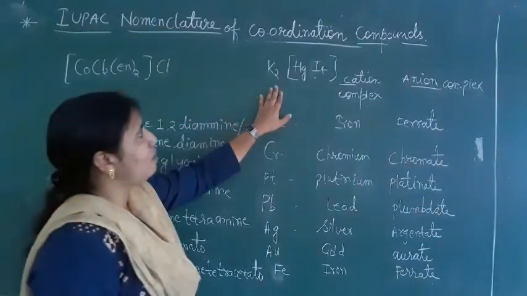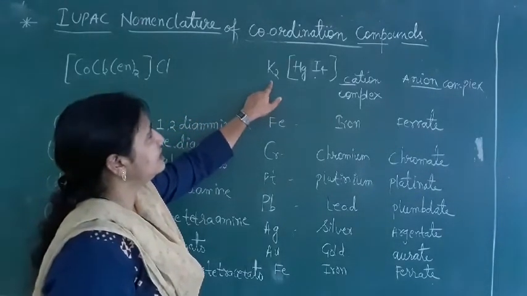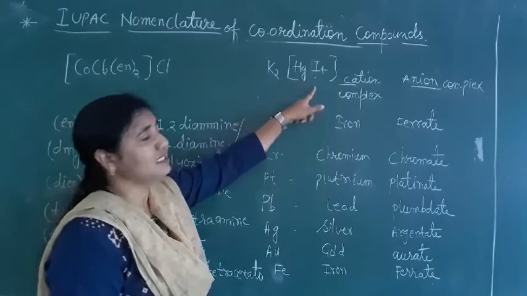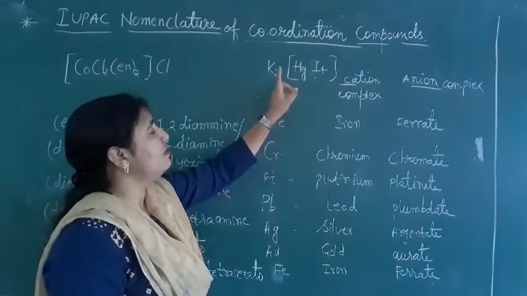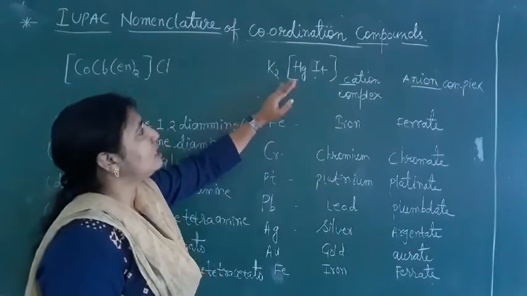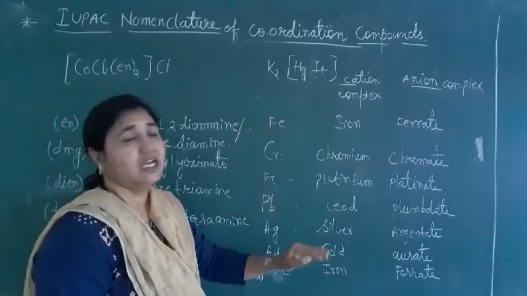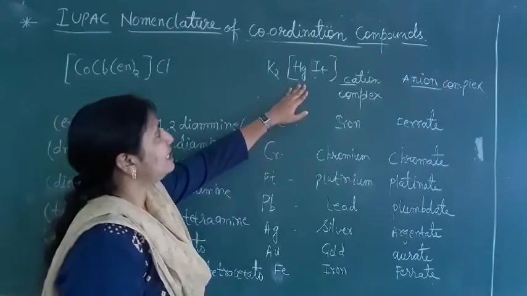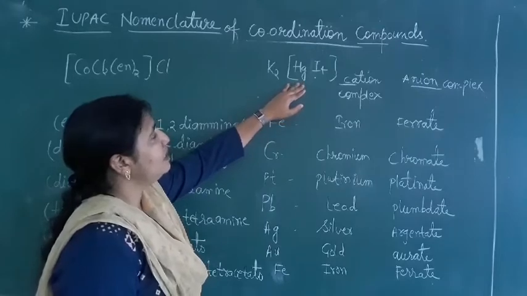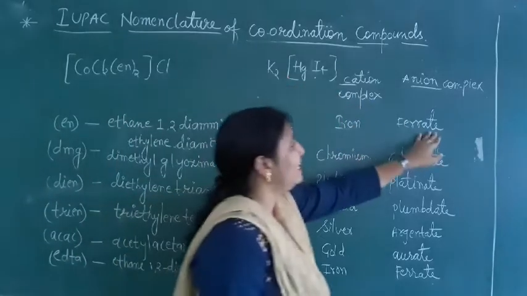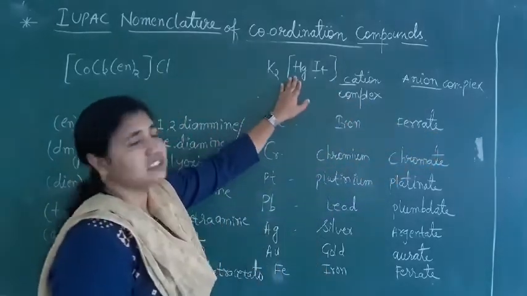But in anionic complexes, such as K2HgI4, the anion is the complex ion. If the complex ion has a negative charge, those compounds are called anionic complexes. In anionic complexes, the metal name is not written as it is, and we have to add ATE to this name.